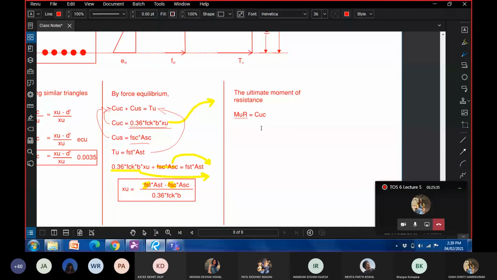Can you see it now? Yes. So CUC into the corresponding lever arm, which is D minus 0.42 times XU. And we'll have another term, which is because of steel, which is CUS, and the corresponding lever arm is D minus D dash.